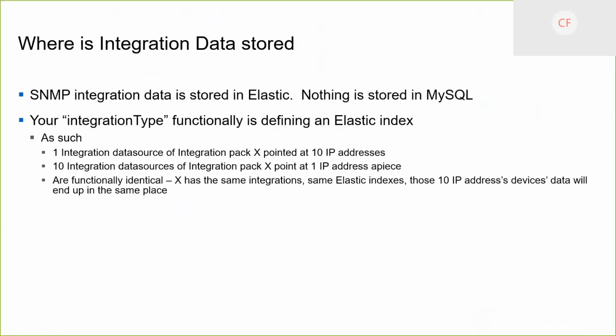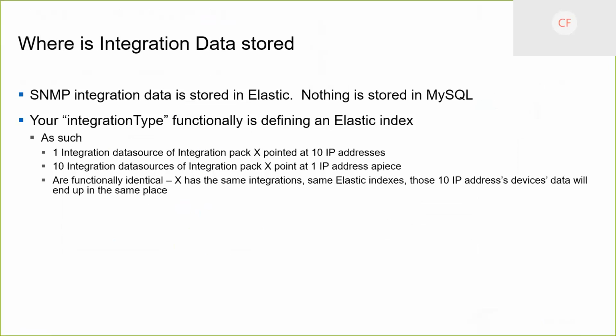Now, a quick under the cover thing. This is probably not really relevant to everybody, but I thought I'd throw it in. It was in the engineering decks. The SNMP data is stored in the Elastic database. It is not stored in MySQL. I mentioned that earlier.